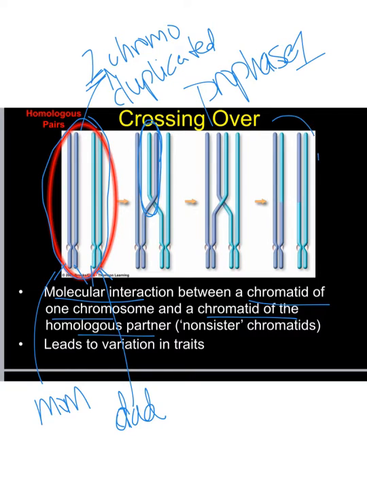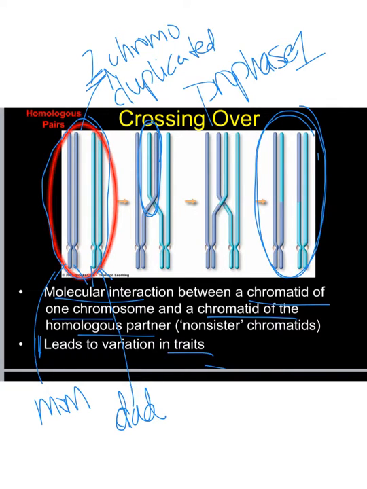And what happens is you end up with chromosomes that contain pieces of the other chromosome, or portions of the homologous partner. So this is what leads to variation in traits. This is one way that we introduce variation in traits. This is why you don't look exactly like your mom or exactly like your dad, but you're kind of a combination of the two. So this crossing over is the first way that we introduce variation of traits in meiosis.